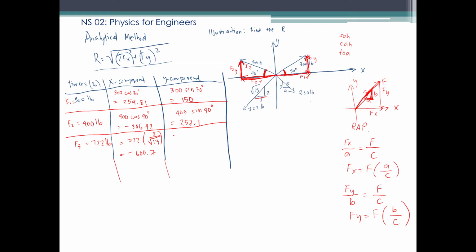While for its y component, that is 722 times 2 over square root of 13. This is your x, this is your y, which is downward, so our y component is negative. That is negative 400.5. Okay.